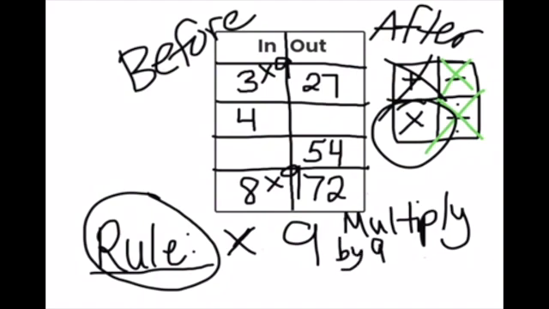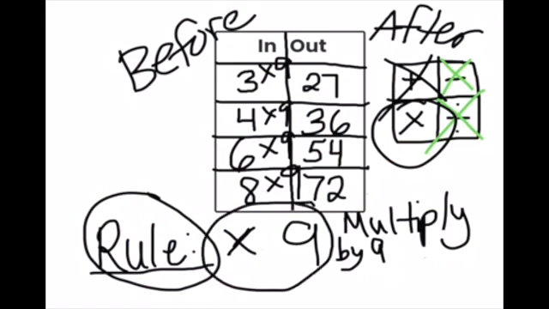Multiply by 9. And so let's figure out the rest. We have 4. What's 4 times 9? 36. And then to figure this out, what times 9 is 54? Or I could just ask myself, what's 54 divided by 9? It's the same thing. 6. 6 times 9 is 54. Or 54 divided by 9 is 6. That will work. So yes, our rule is multiply by 9.